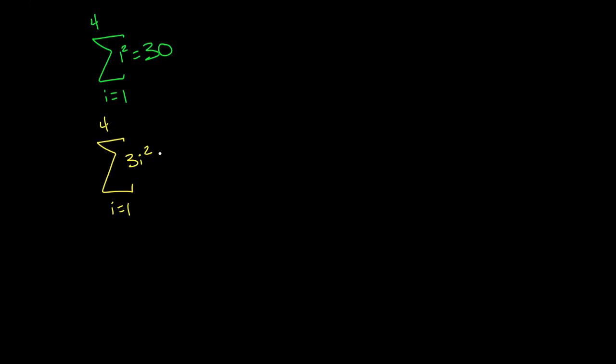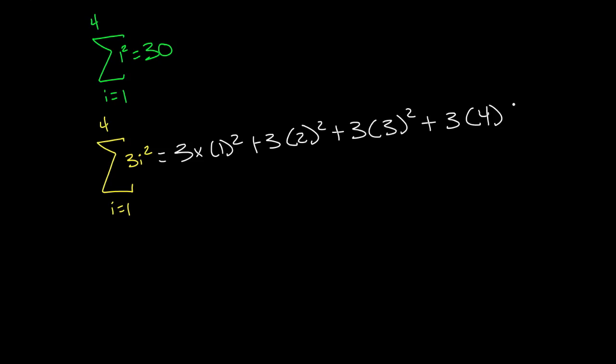So if we work this out, this is equal to 3 times 1 squared plus 3 times 2 squared plus 3 times 3 squared plus 3 times 4 squared. Now again, to the guy who's paying us to do this, we're done. You can make that into a number. But let's go a little bit further for our own purposes.